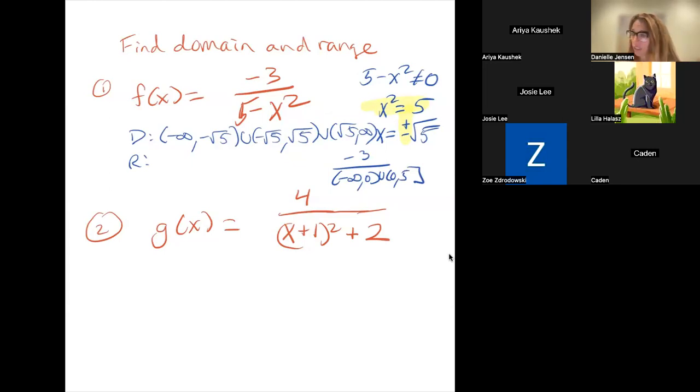I systematically go one by one through all 4 of these scenarios. -3 over negative huge, a negative over negative is positive, so it gets really close to 0 on the positive side. -3 over a tiny negative gets to infinity on the positive side. -3 over a tiny positive goes to negative infinity.